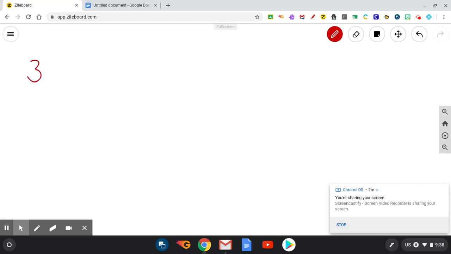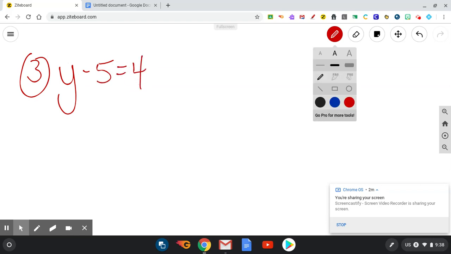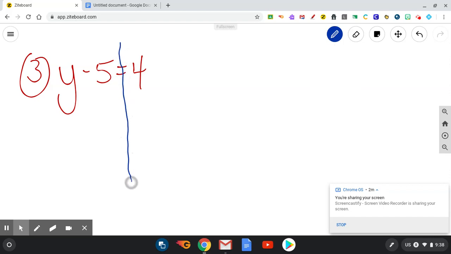So, example number 3, y minus 5 equals 4. Okay, so again, the first thing I'm going to do is draw my balance line through the equal sign. This is going to help me. Next, I'm going to say, okay, I'm trying to get y by itself. So what needs to move away from the y? The negative 5. What's the opposite of minus 5?